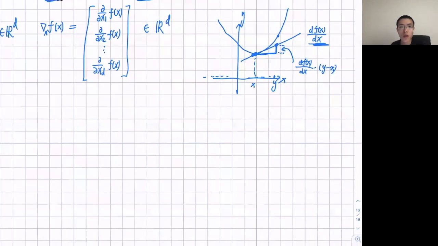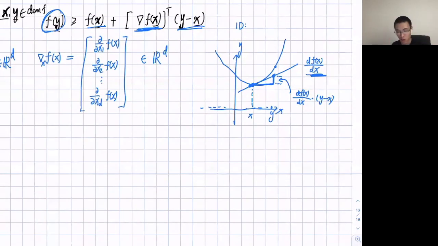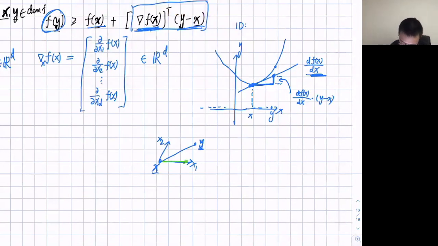But how about a multi-dimensional case? Then this is a vector. So this actually says how y changes. Maybe this is my x1, this is x2, and this is y, this is x. So they are vectors. Then this is my function, and this is my tangent hyperplane.